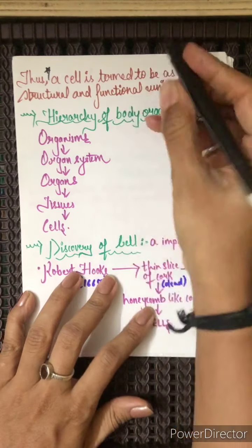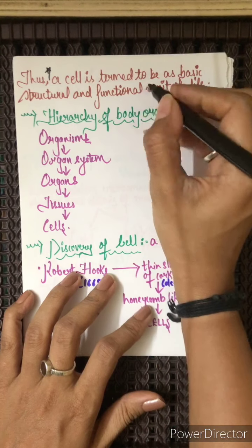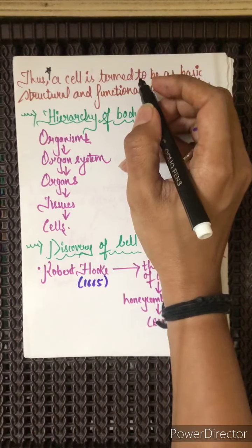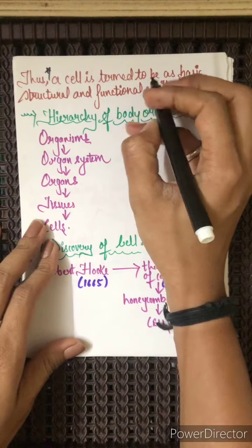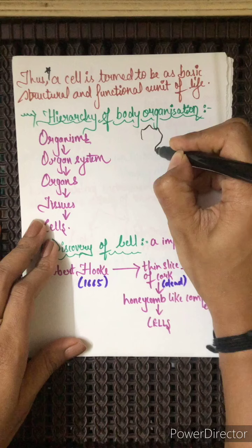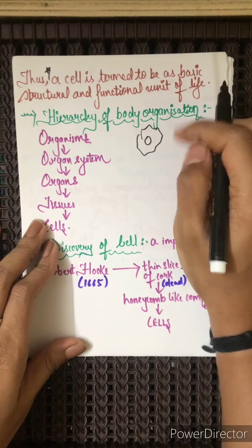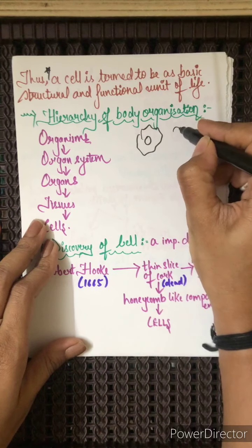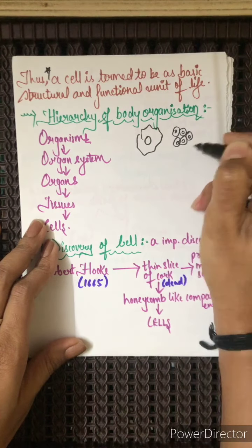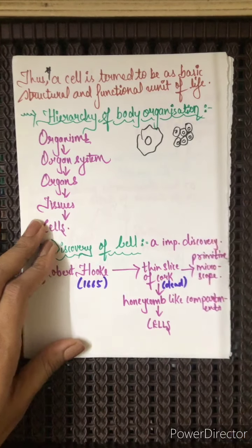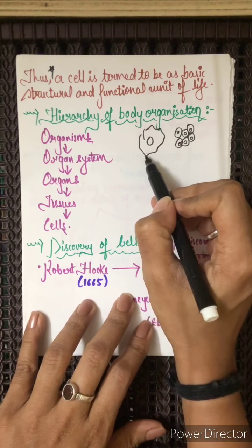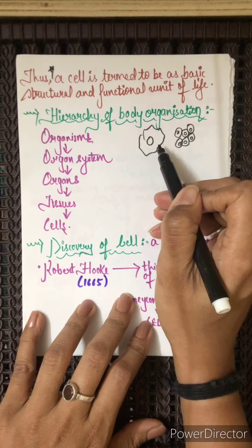Functional unit, as in, suppose we talk of any organism, whether multicellular or unicellular. If we talk of a unicellular organism, only one cell is going to perform all the activities. And if we talk of a multicellular organism, many cells come together and perform all the activities. In a unicellular organism, if the cell does not perform, then it is eventually going to die.